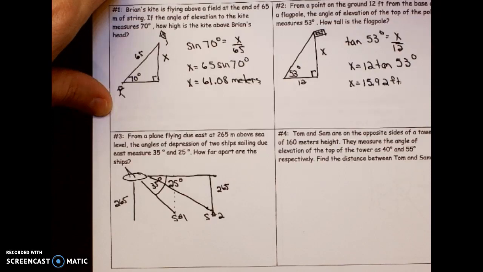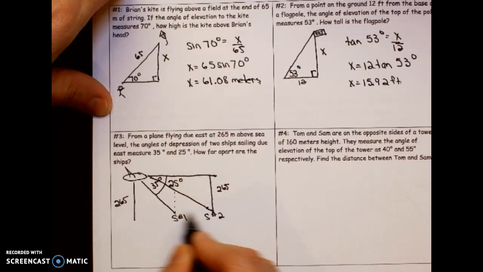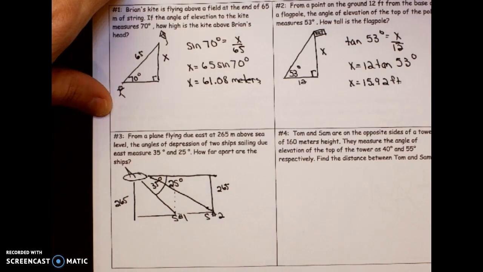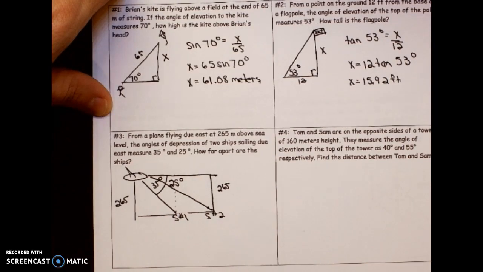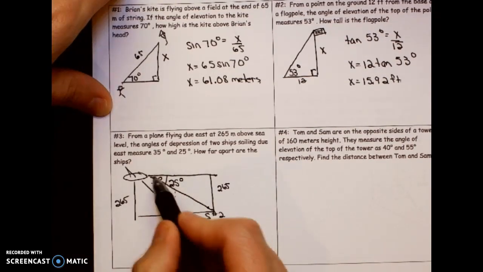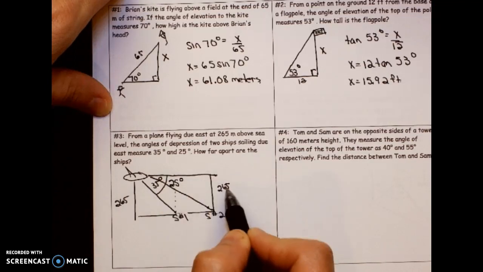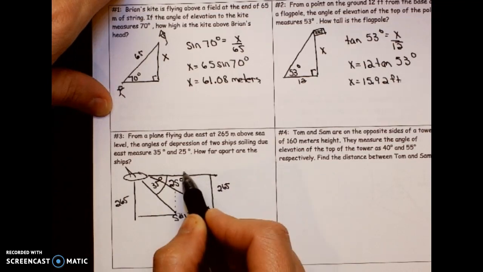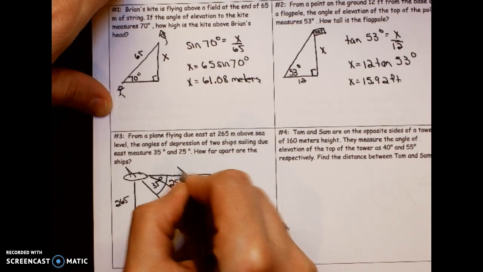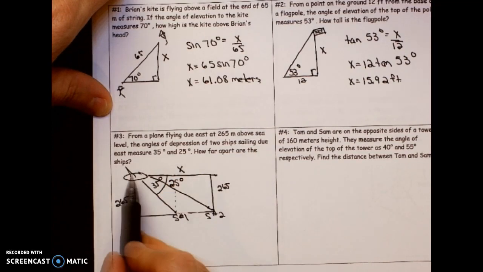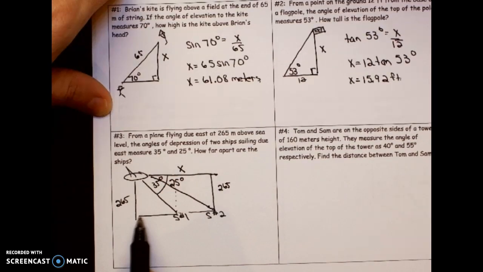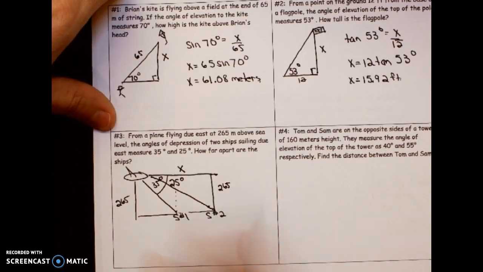They want to know how far apart the ships are, so ultimately we're looking for this distance down in here. I'm going to focus on this triangle and find this length, which is the adjacent, which gives me this total distance down here.